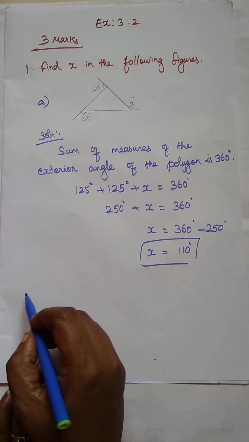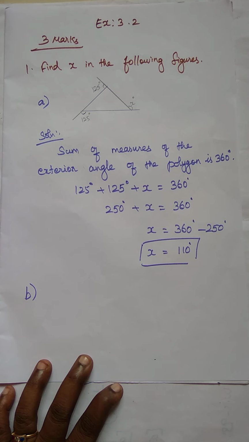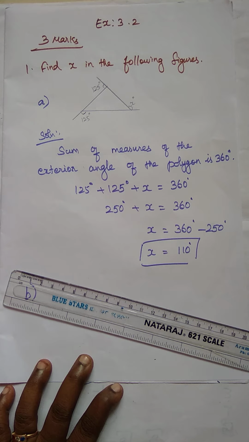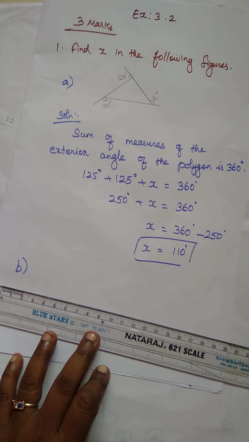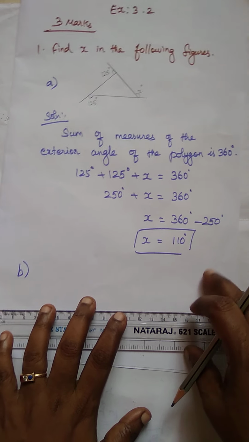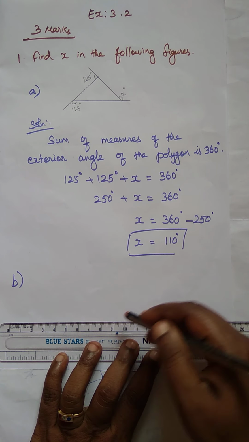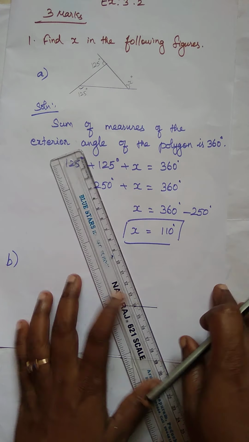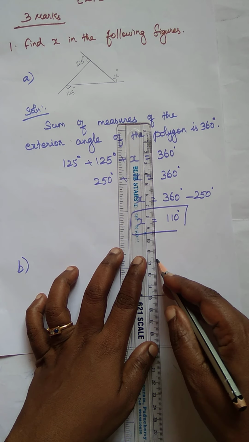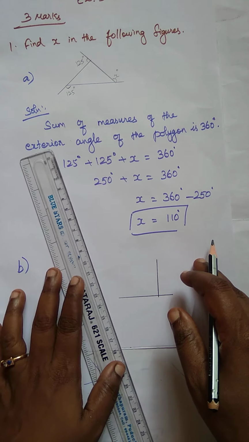Next, b. Another diagram is given. So it's also a quadrilateral. Draw the diagram first.